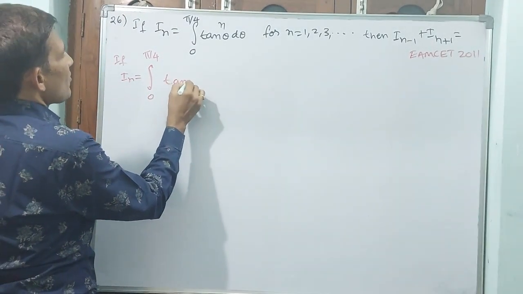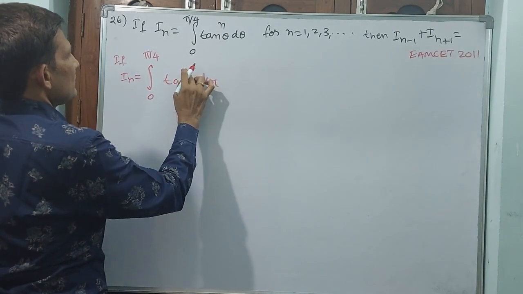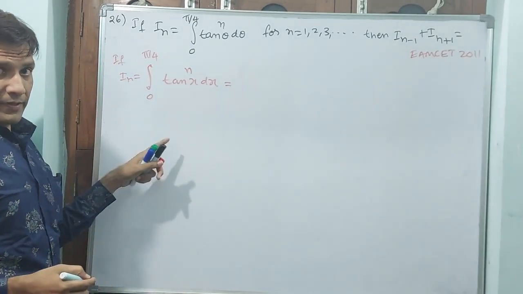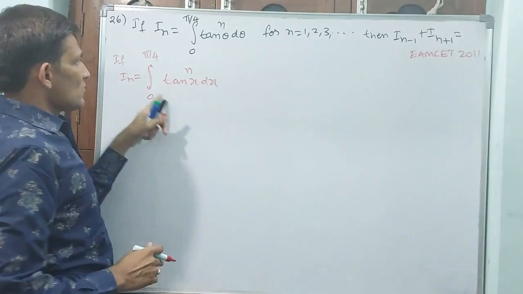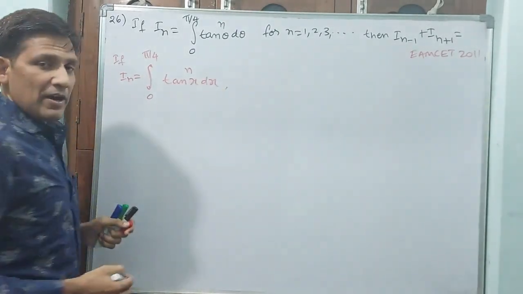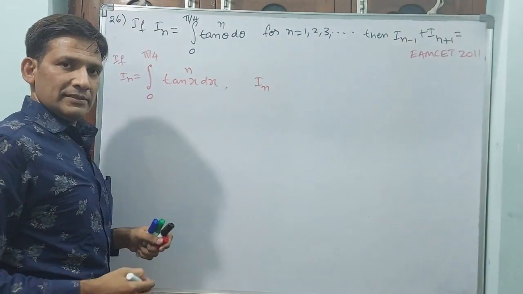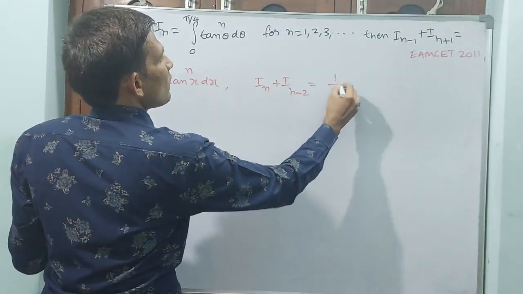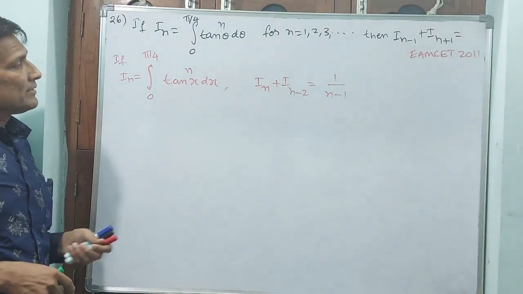If I_n is equal to the integral of tan to the power of nx dx, then what is the formula? Observe carefully: I_n plus I_{n-2} is equal to 1 by n minus 1. Understand?